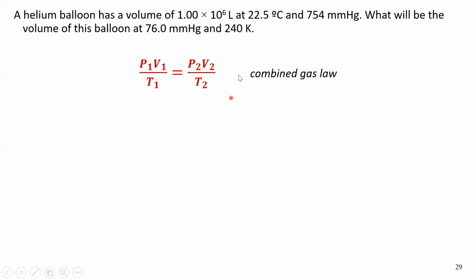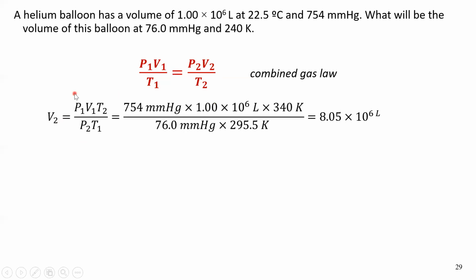So our combined gas law equation is P1V1 over T1 equals P2V2 over T2. This time we want to find V2. We want to find out what the new volume is after we change the pressure and we change the temperature. So in order to isolate V2, we're going to have to multiply both sides by T2 and then divide both sides by P2, and that gives us our equation.